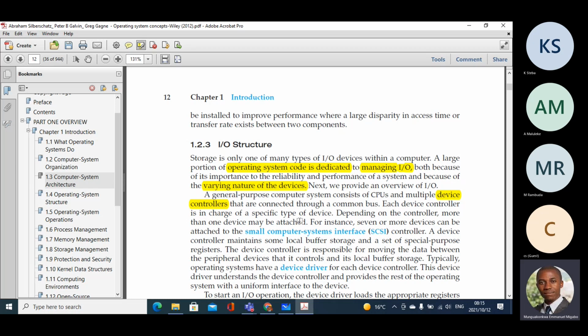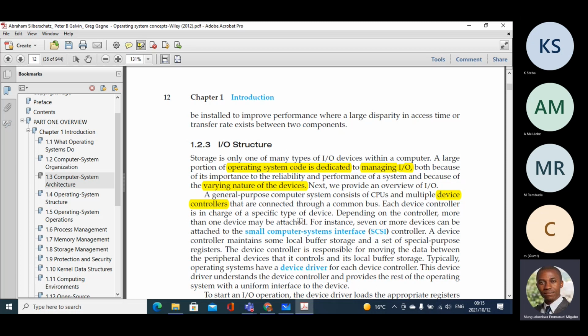Okay, so for instance, 7 or more devices can be attached to what we call a small computer system interface. SCSI is also an interface, similarly to the USB that I've just mentioned now. You may not be very familiar with the SCSI, but the USB at least is a familiar example.